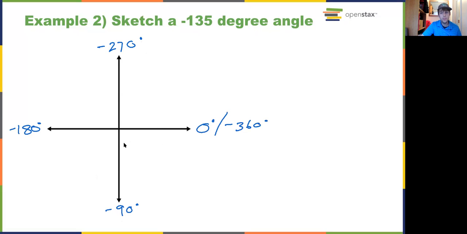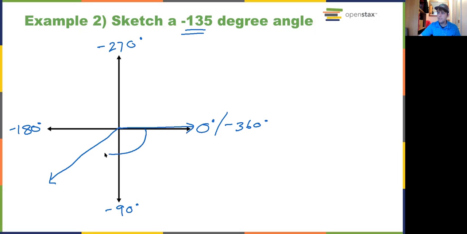Okay, negative 135. So 135 is between here, and 135 is exactly 45 degrees off of 90. So 45 degrees is half of 90. So it's going to be right in there. Should have used my ray tool, but that's okay.